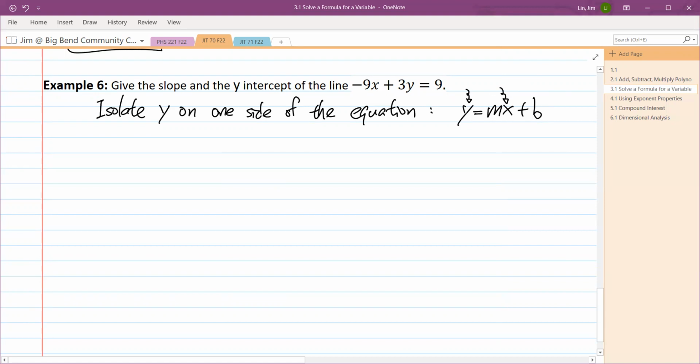So y depends on the x value you entered. So if you have an equation with y on one side, then that means we are determining the value of y depending on what x is given.